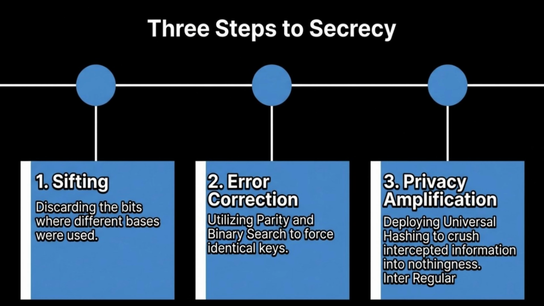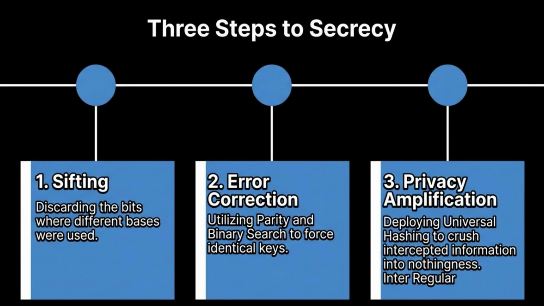Next, we move to error correction. Because real-world channels are noisy and eavesdroppers like Chris are a constant threat, Jennifer and John utilize parity checks and binary search logic. This allows them to hunt down and fix discrepancies over a public channel without giving away the secret, ultimately forcing their bit streams to become identical keys.